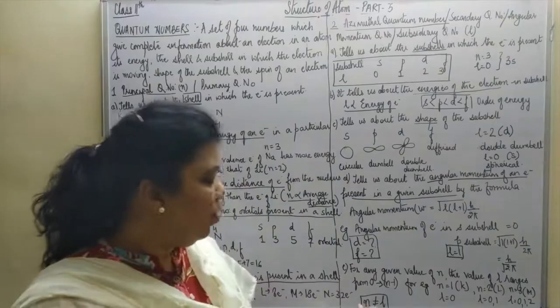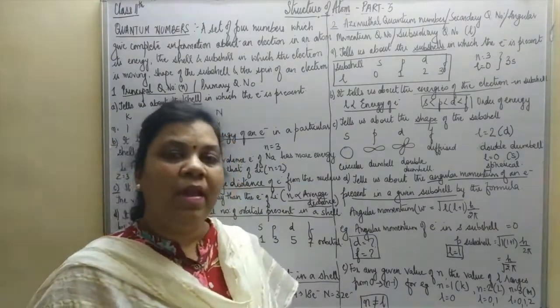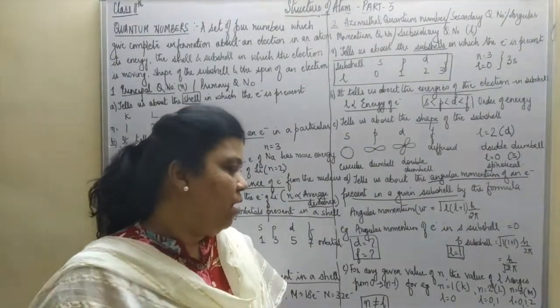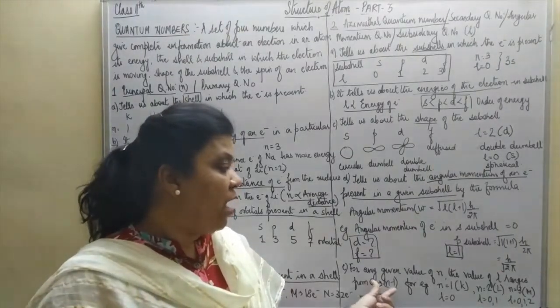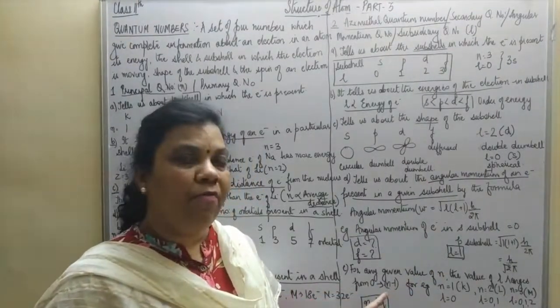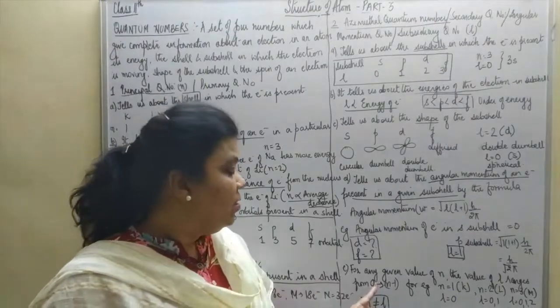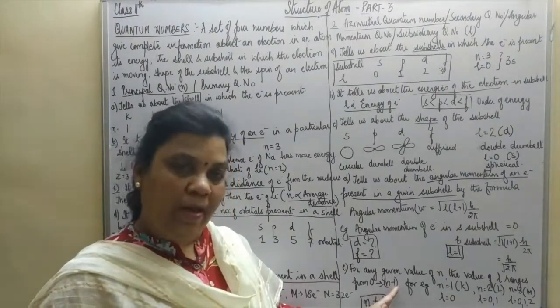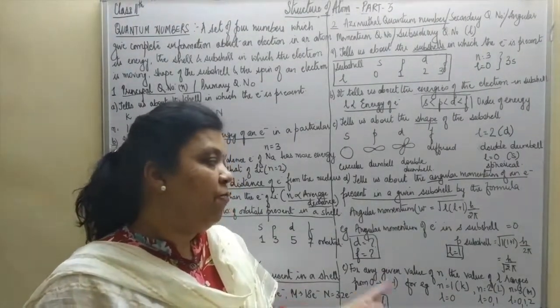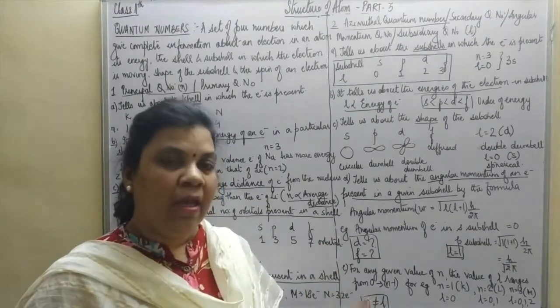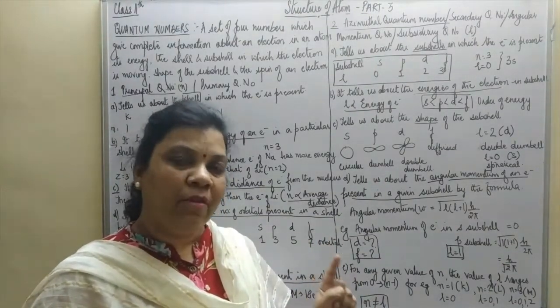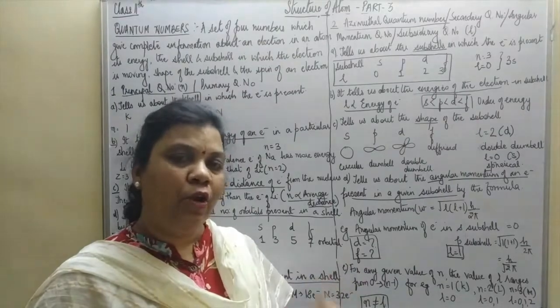That means we can conclude the L value can never be equal to the n value. For any n value, the value of L will range from 0 to n minus 1. For example, if n equals 3, then L will have three values, 0, 1, 2.